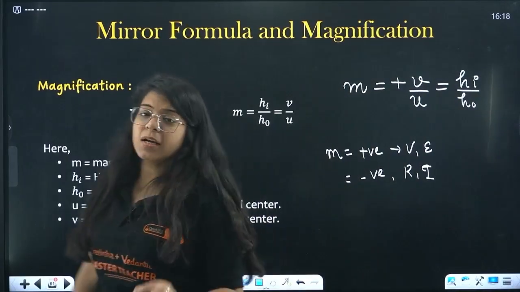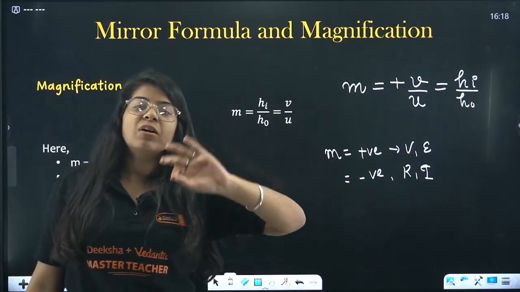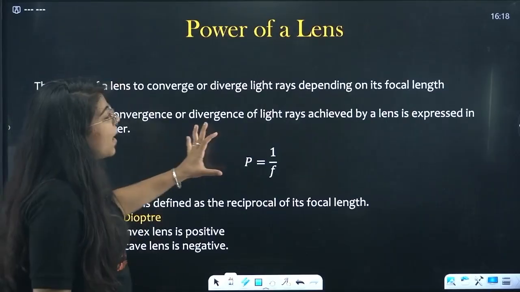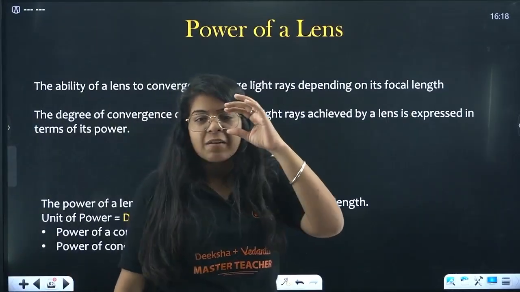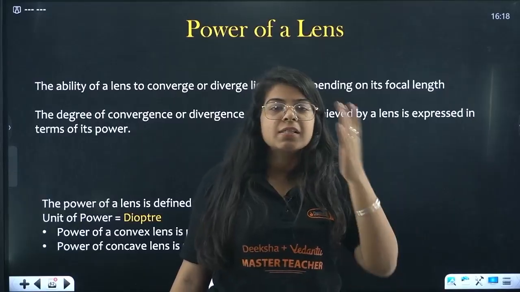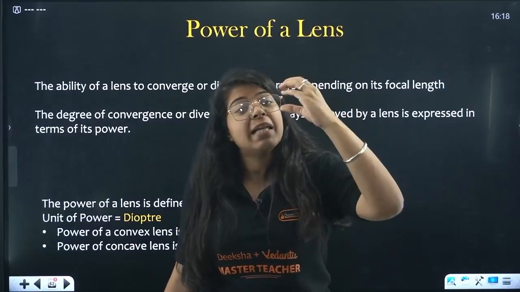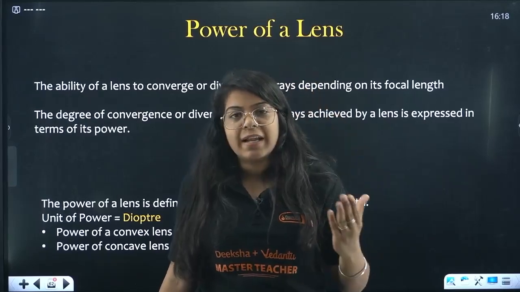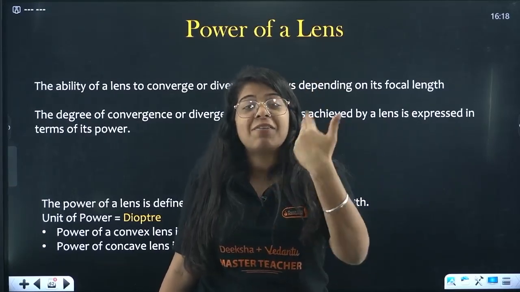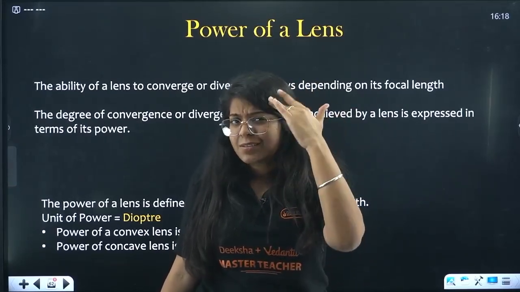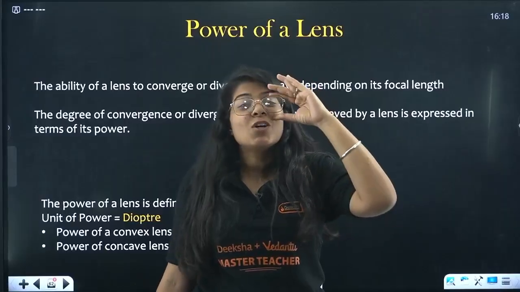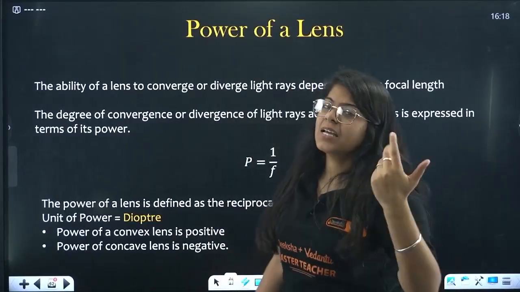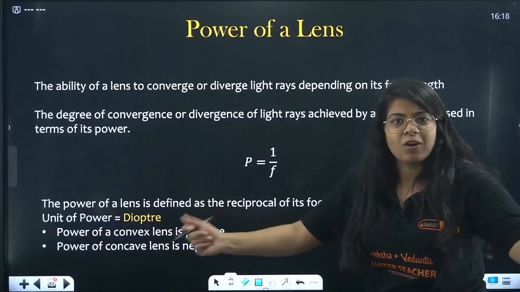Then one important thing that is left is your power of lens formula. This is very simple. You just have power of lens. This is the lens I am wearing. So the ability of these lenses to actually converge or diverge the light rays is called the power of lens, right?